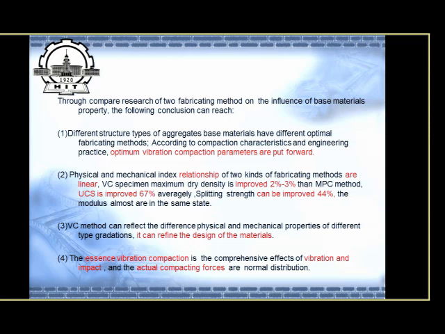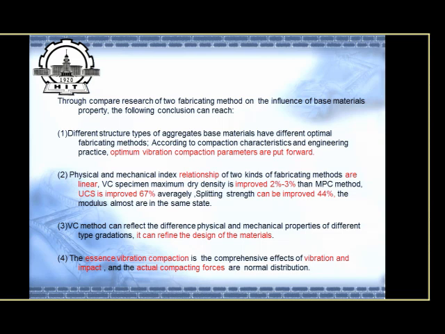Summary. Through the research, we find different kinds of structure aggregates have different optimum fabricating methods, and according to compaction characteristics and energy, we put forward optimum vibration compaction parameters.